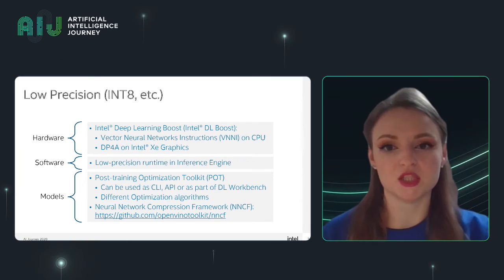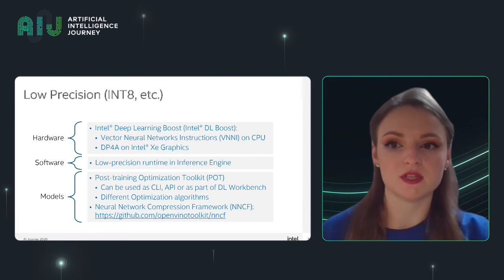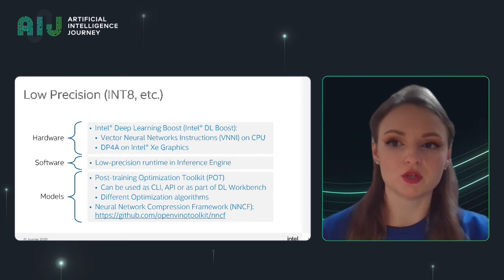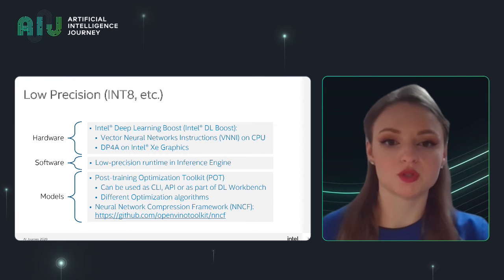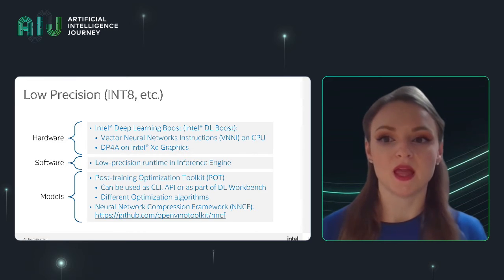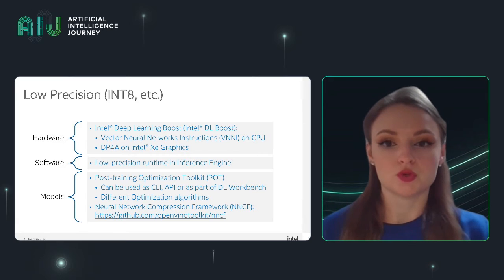First of all, I would like to say that without hardware support, this feature does not provide a very fast acceleration, but we do have this support, which is called Intel Deep Learning Boost, with special instructions in the hardware, which can compute convolutions very fast. It's the vector neural network instructions, VNNI, and on the new graphics, which we now have on the 11th generation of processors, called Intel Xe graphics, which is DP4A.